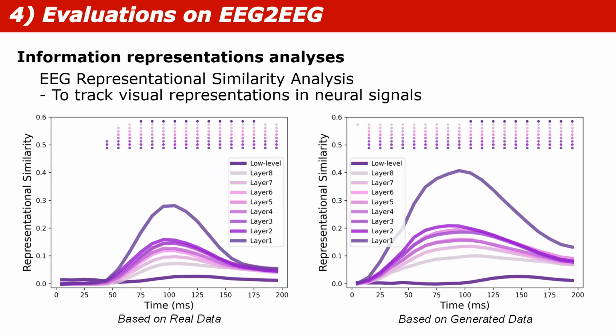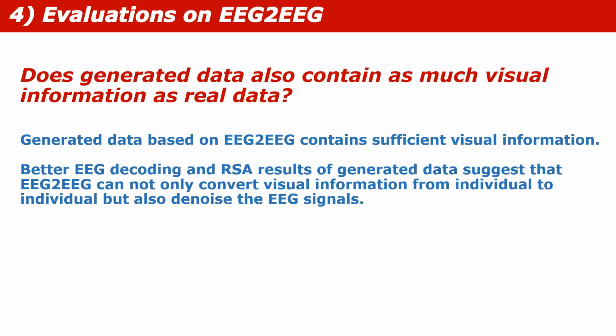And even the similarity between generated data and the CNN is higher than the similarity results based on real data. So here, we find generated data based on EEG2EEG contains sufficient visual information. Better EEG decoding and RSA results of generated data suggest that EEG2EEG can not only convert visual information from individual to individual, but also denoise the EEG signals.